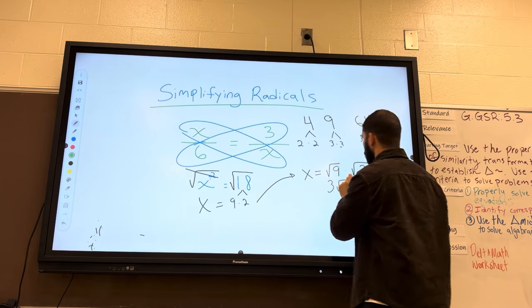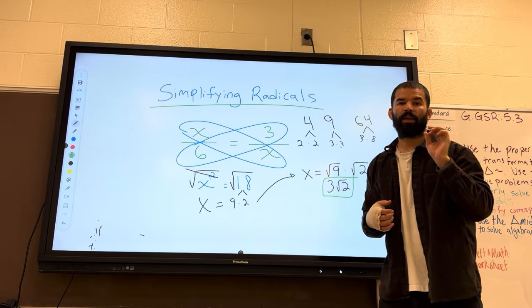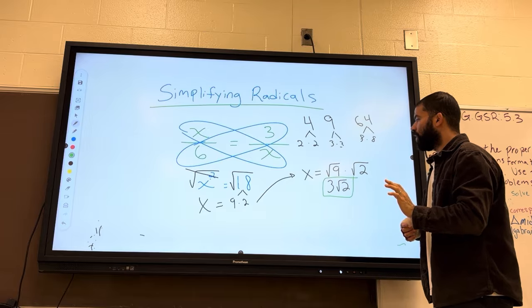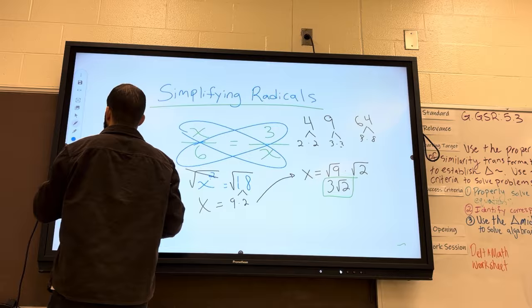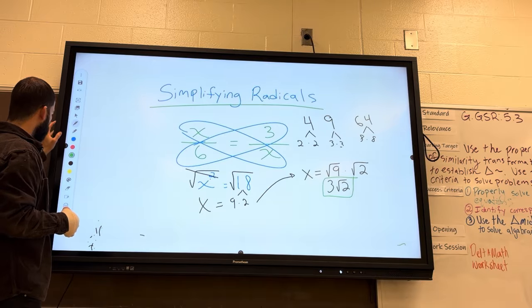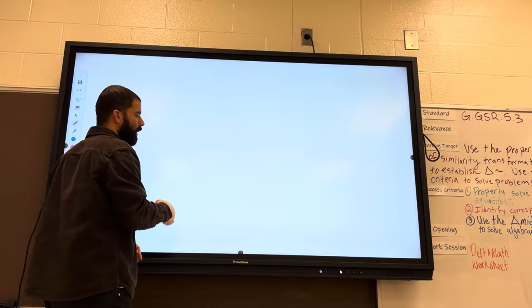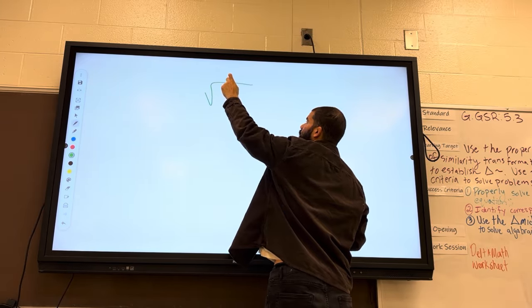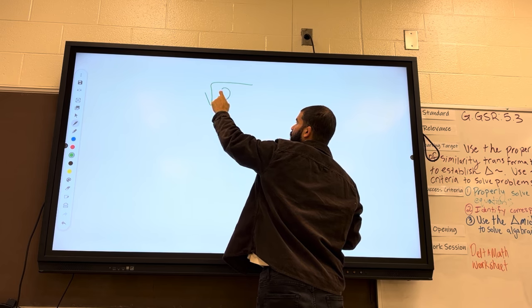So simplifying radicals, the key is finding the greatest square root, okay? So even taking it to the next level, let's clear this out and take radical, let's say, 24.